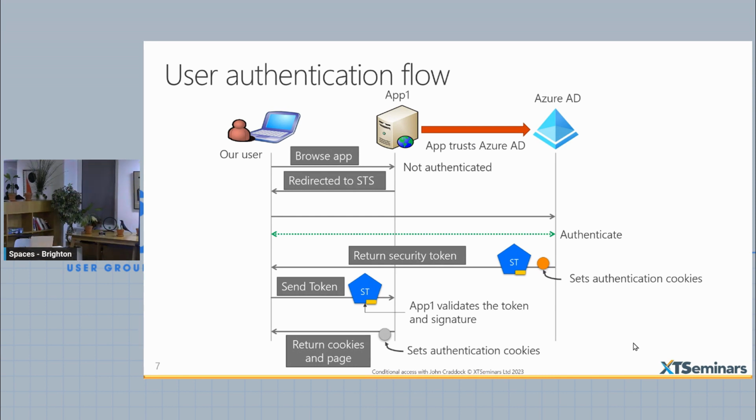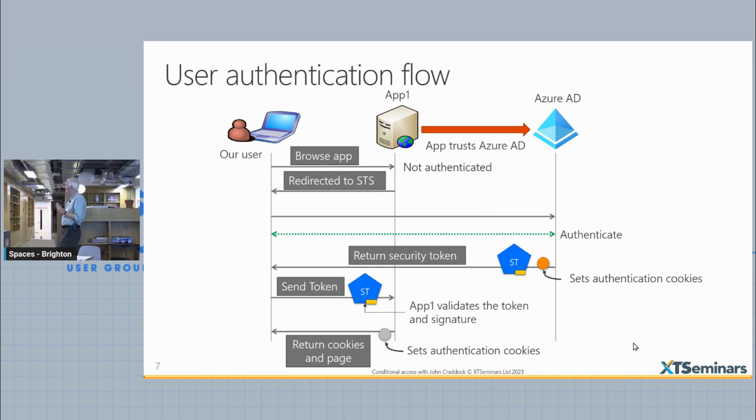In terms of OpenID Connect and OAuth 2, there's this thing called an introspection service. So what the app can do is say, I want to just check, before I allow you to do this, that the token is still valid, just in time.